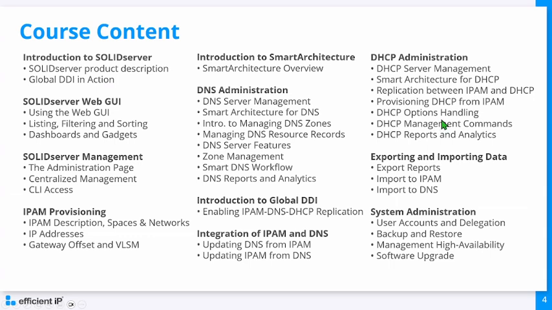You can configure the DHCP option at the DHCP server level, and it will be inherited by the scope, and in turn from the scope, it will be inherited by the range. Are you clear with that? Fine.